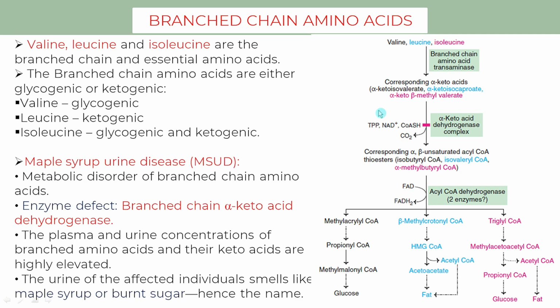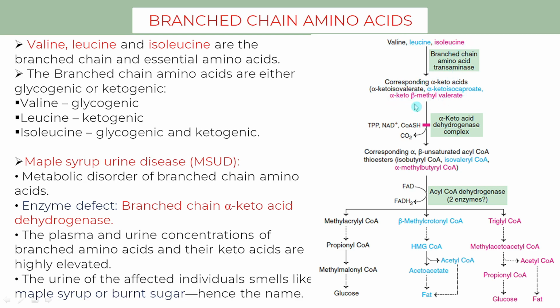Now if you understand the branched chain amino acids metabolism, you will see that valine, leucine and isoleucine with the help of enzyme branched chain amino acid transaminase are converted into corresponding alpha keto acids. For example, valine's alpha keto acid is alpha keto isovalerate, leucine's is alpha keto isocaproate, and isoleucine's is alpha keto beta methyl valerate.